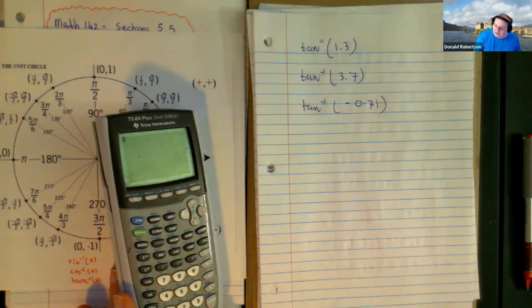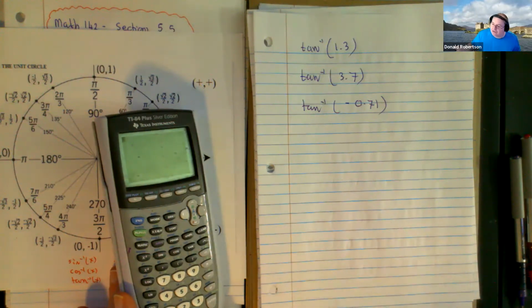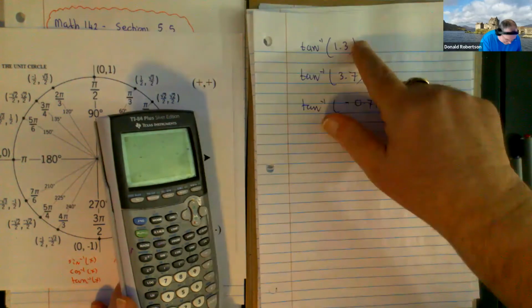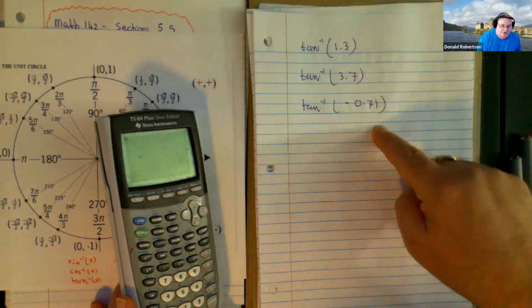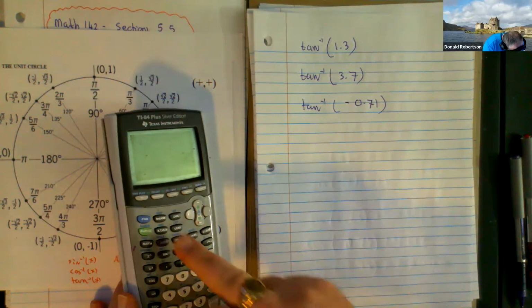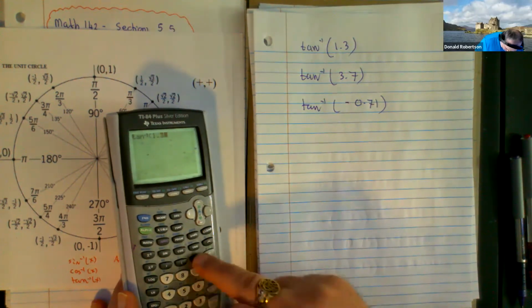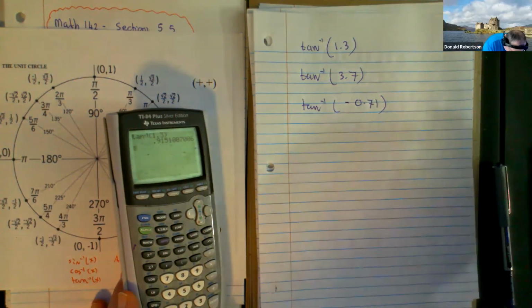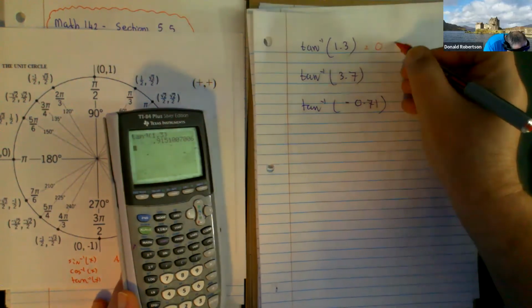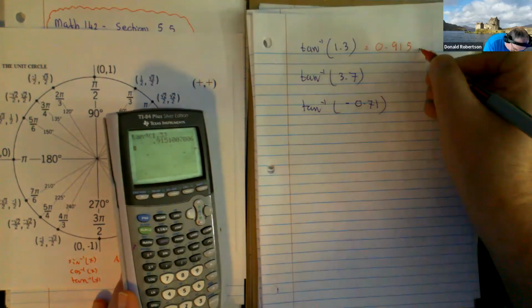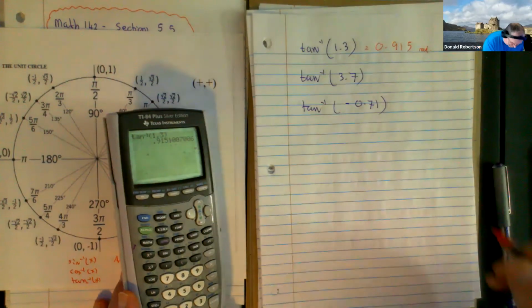In other words, you can get an angle whose tangent is 800. It can happen. So there are never going to be undefined or does not exist here. So inverse tangent of 1.3 is simply 0.915 radians, because you get an angle when you do these.